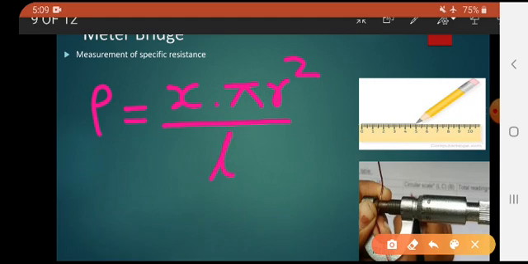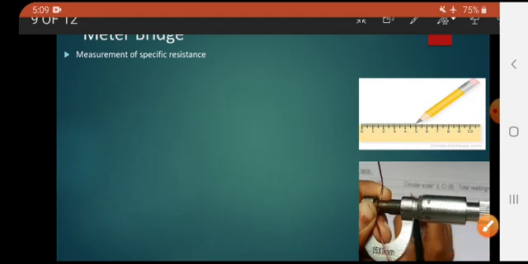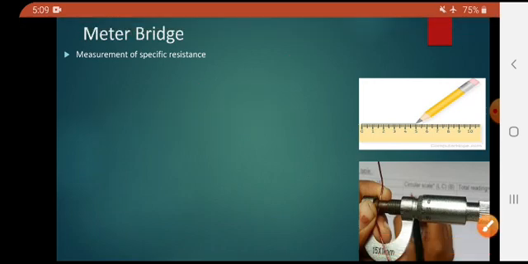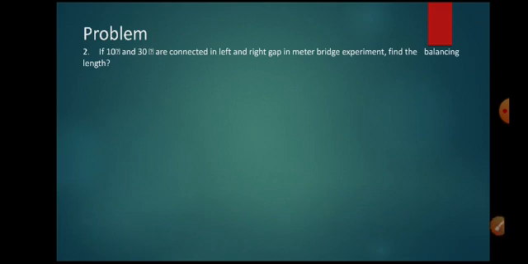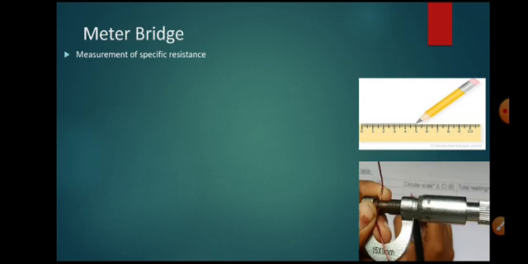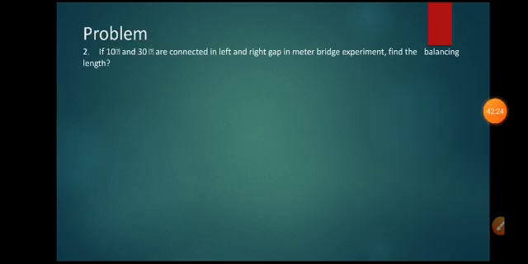This is the formula to find out the specific resistance of a given wire by using a meter bridge. By using a Wheatstone bridge you can find out the unknown resistance and compare two resistances. By using a meter bridge you can find out the unknown resistance and also the specific resistance of a given wire.